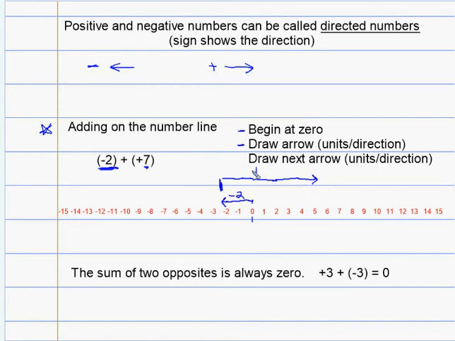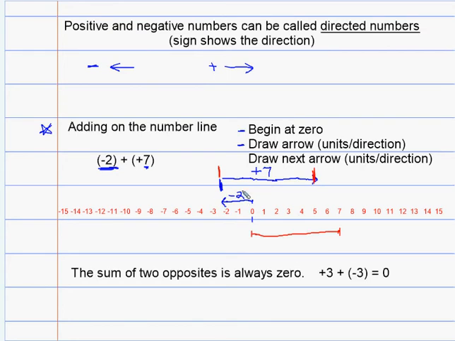So this is a plus 7. The length of this arrow from here to here needs to be 7 units long, the same length as this to this up here. It's 7 units long in the positive direction.